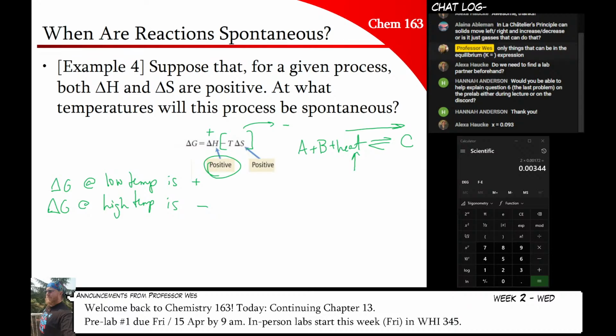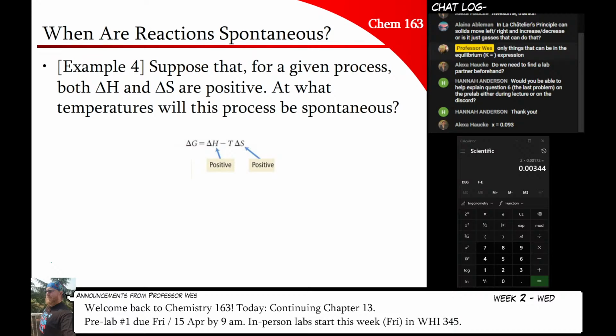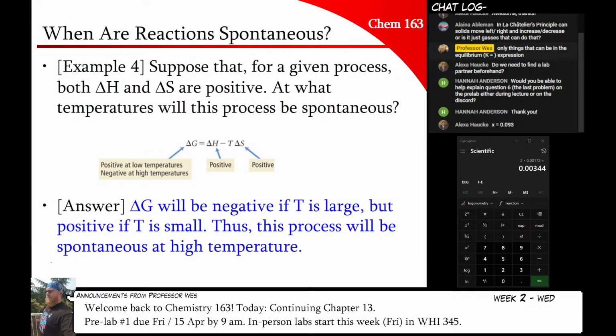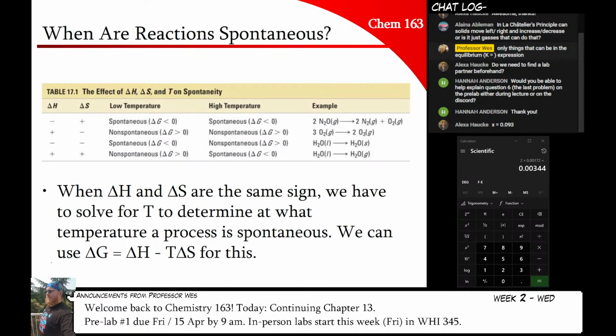So that's neat that these reactions match up with our understanding of Le Chatelier. So let's do an example of this to figure out whether a reaction will be always spontaneous, non-spontaneous, or spontaneous above or below a certain temperature.